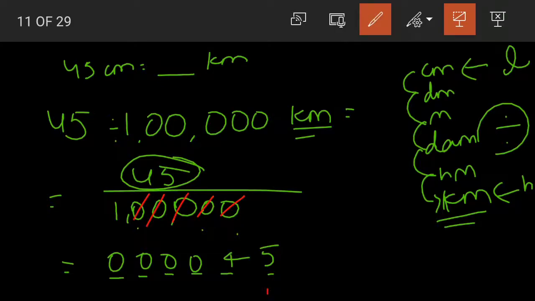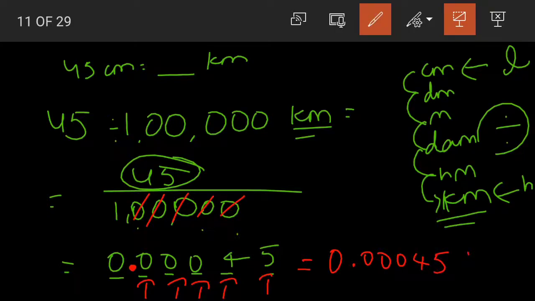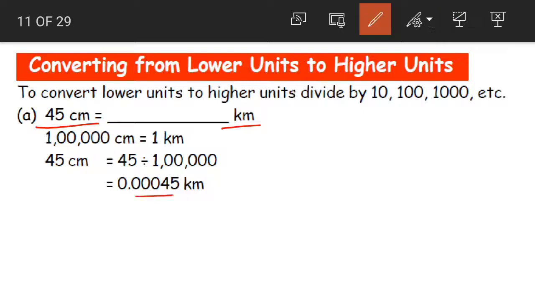We are having 5 zeros. So after 5 digits from the right, we will place our decimal point. So that is nothing but 0.00045 what? Kilometers. We are converting it into kilometers. 45 centimeters is equal to how much, children? 0.00045 kilometers.